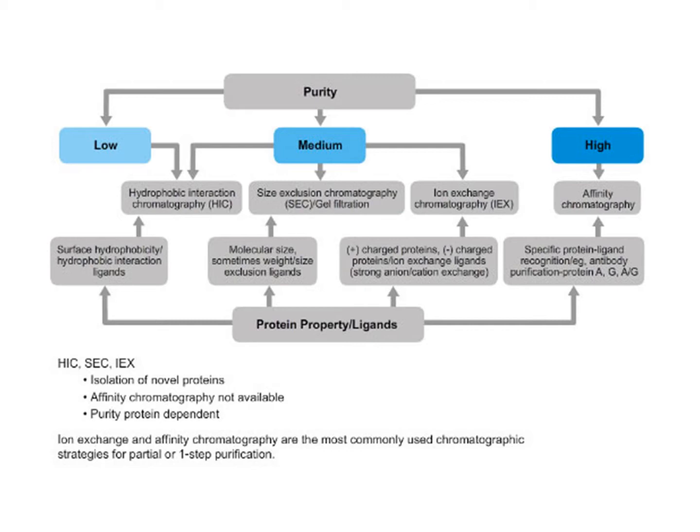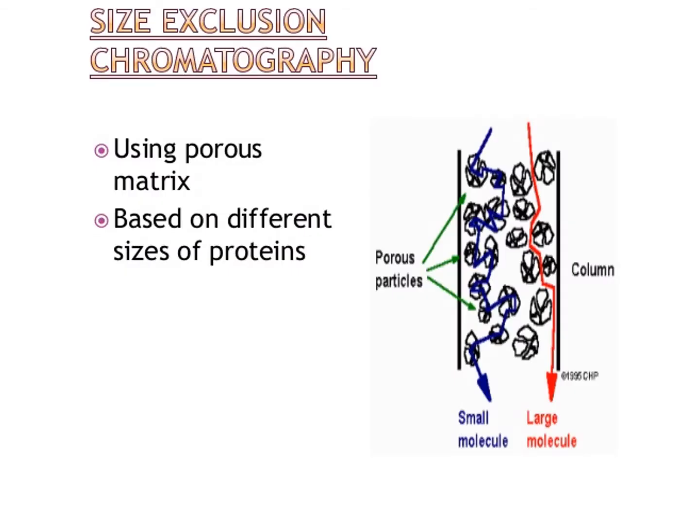And just by the way, ion exchange and affinity are the most commonly used chromatographic strategies for one-step purification. So this is really the key, the one-step purification.